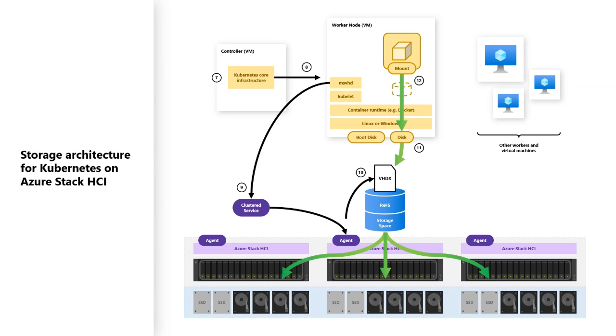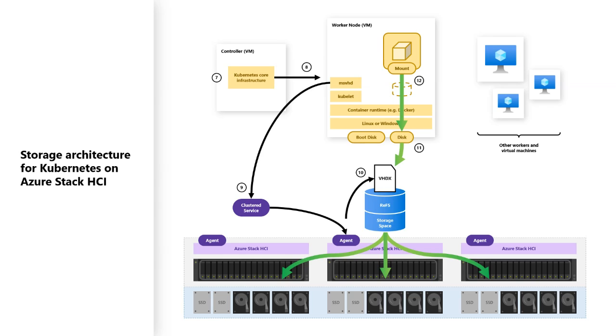And with the initial preview of AKS on HCI, the storage provisioner is only able to fulfill read-write once requests. Right. So exactly, there's no sharing, but I believe that is on our roadmap, right, Subodh? Yes, we are going to support read-write many as well, and that would most likely come through SMB and NFS file shares, not shared VHDX.